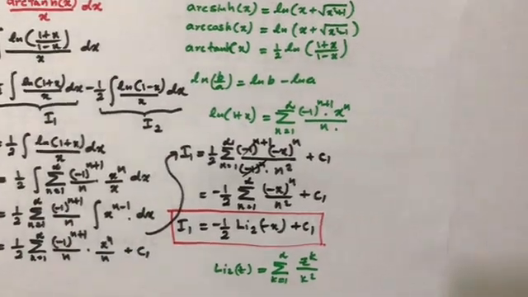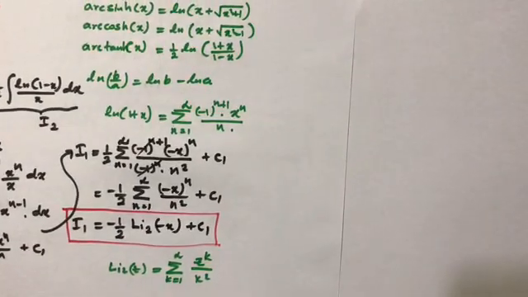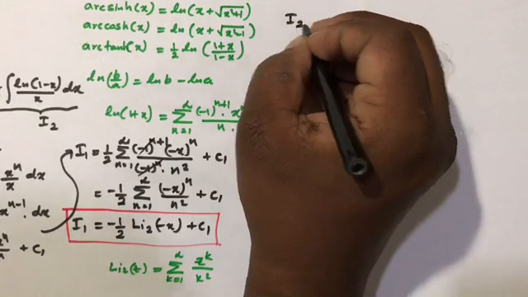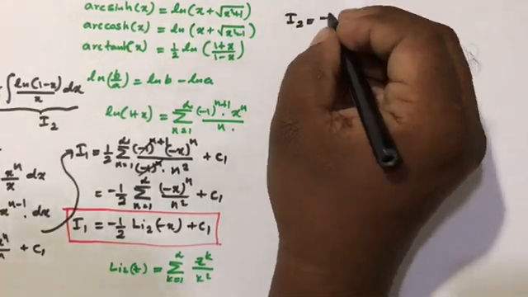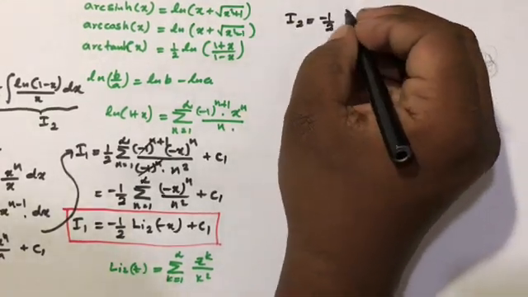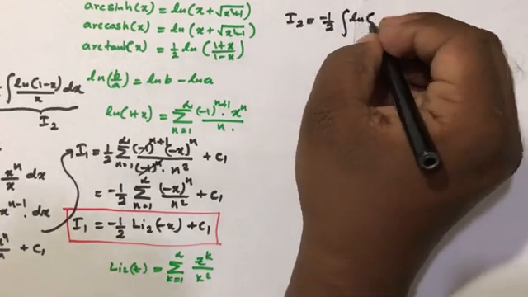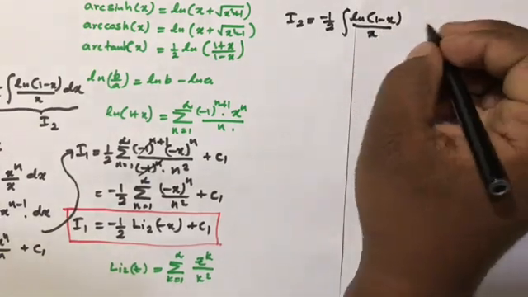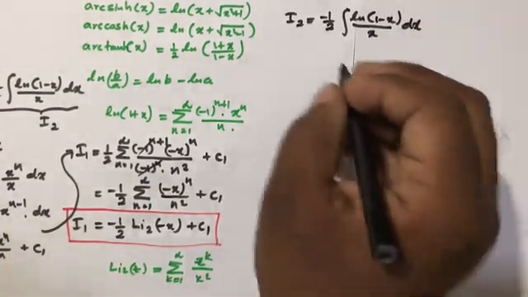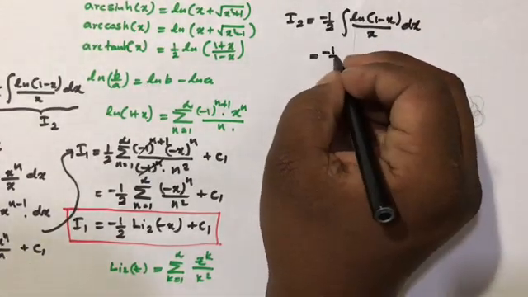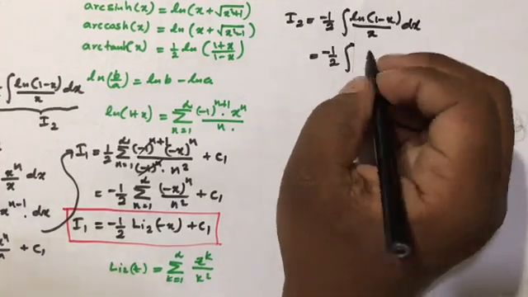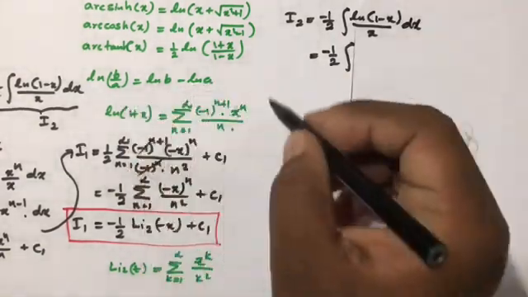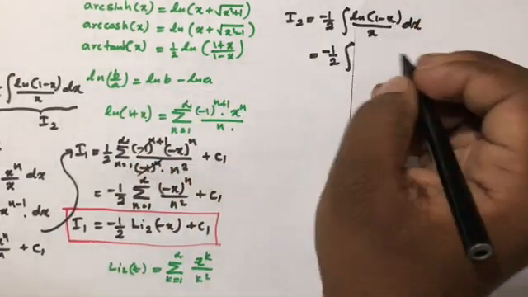Okay, now we are moving to I2. So I2 is equal to, we know, minus 1/2 integral of natural log of 1 minus x over x dx. Now instead of natural log of 1 minus x we can use a similar series, but here minus x.